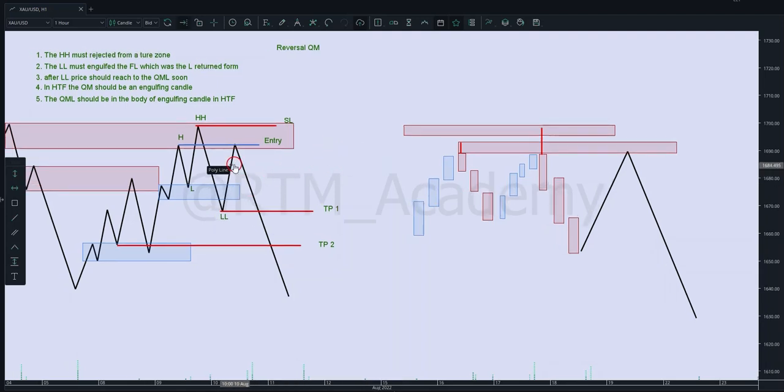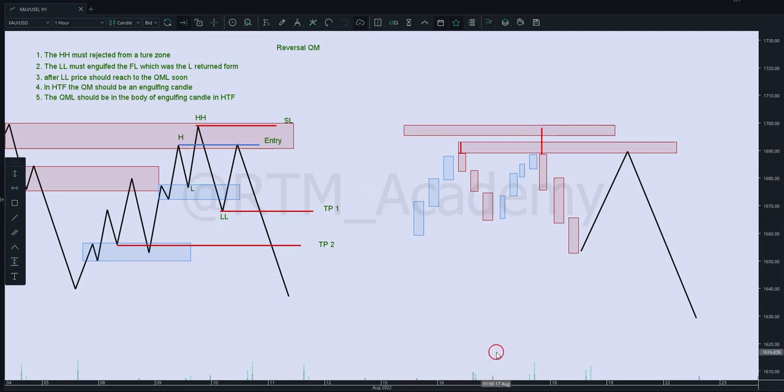For example, sometimes the QM level comes and reacts from here, and sometimes from here, and in the future we will totally describe and define really simple rules in order to find the best place for the QM level, and define the rules for better confirmation in the higher time frame and lower time frame. So keep these five rules in your mind and train them a lot.